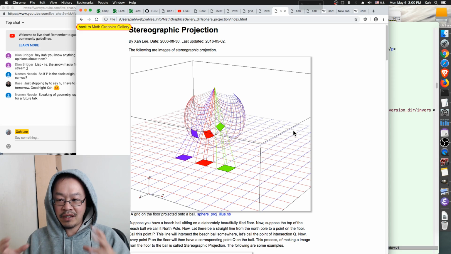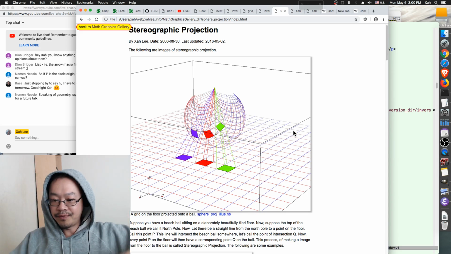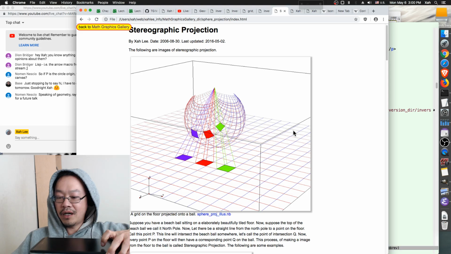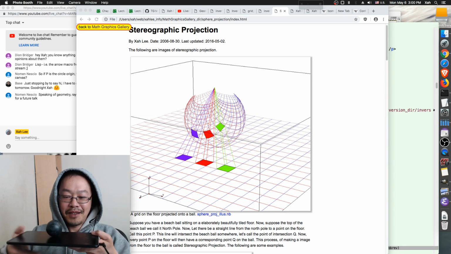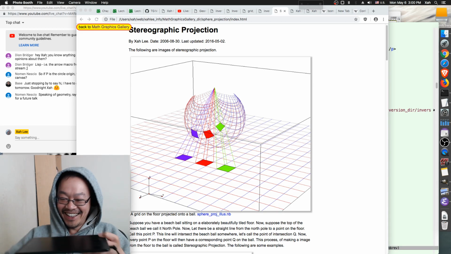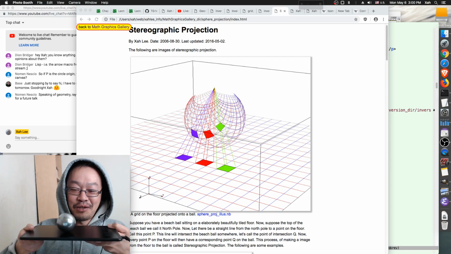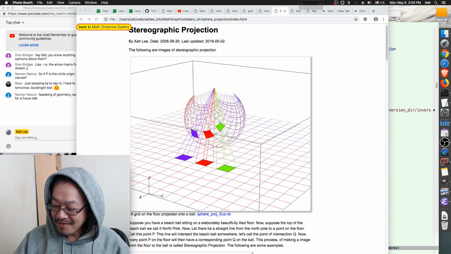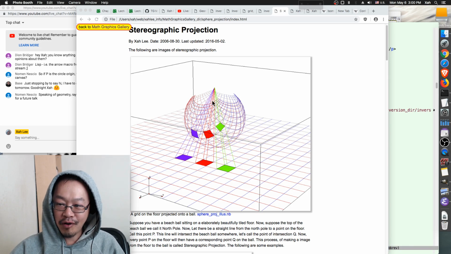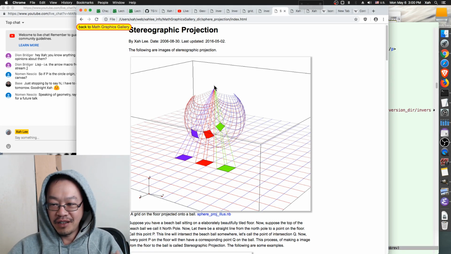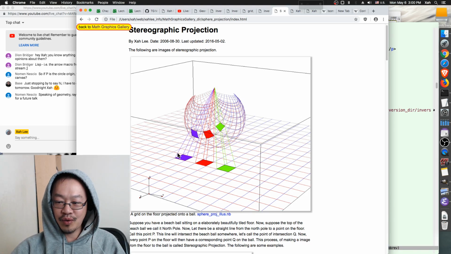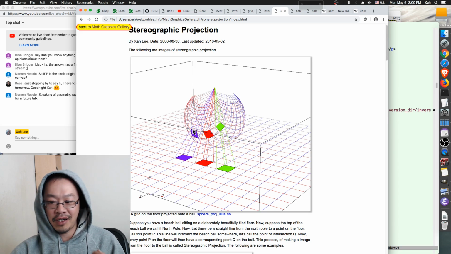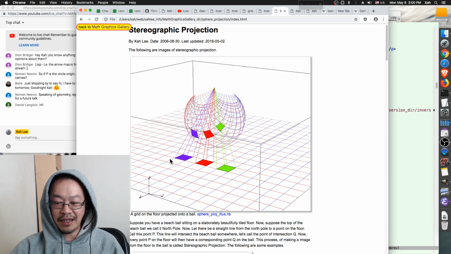The way you do it is you put the ball on a plane. Then at the top of the ball, let's call it the North Pole, you draw a line to a point on a plane, or a point on a sphere. Let's start with a point on a plane.